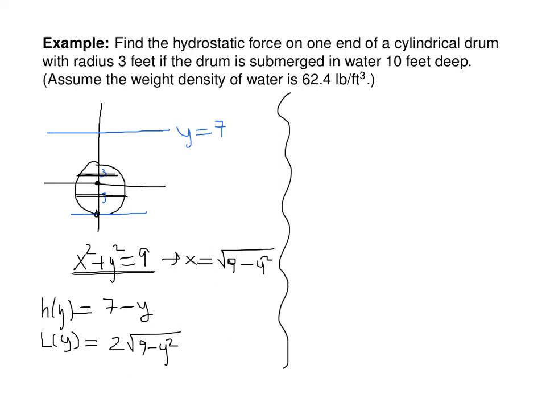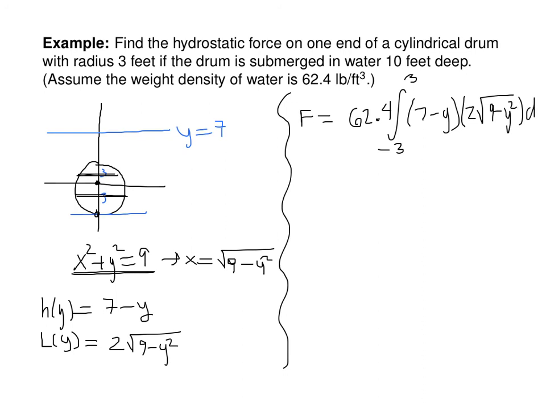So the force is found by taking the weight density of water, which is 62.4, times the integral from -3 to 3 of the depth, which is 7 minus y, multiplied by the length of the slice, which is 2 root 9 minus y squared dy.